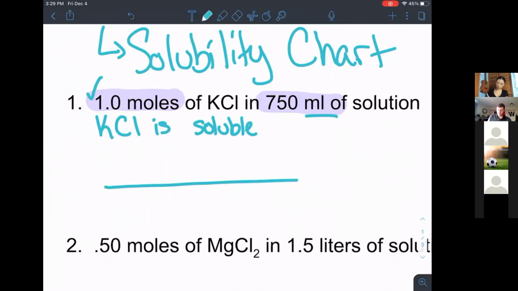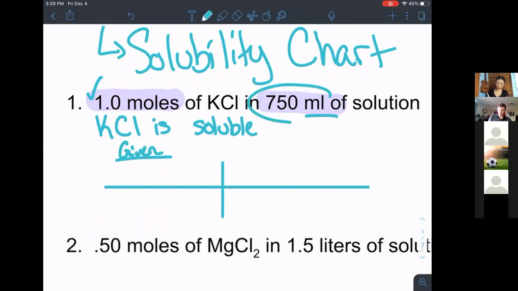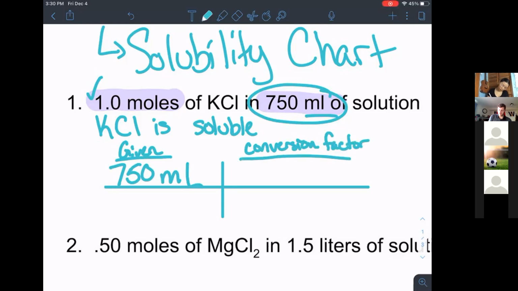And so if we were setting up our conversion with our lattice structure, our railroad tracks, we always put our given right here, which means 750 milliliters. We need our conversion factor right here. And our conversion factor is the two sides or the equation that we use to go from one unit to another.